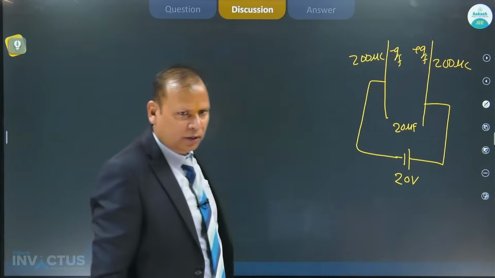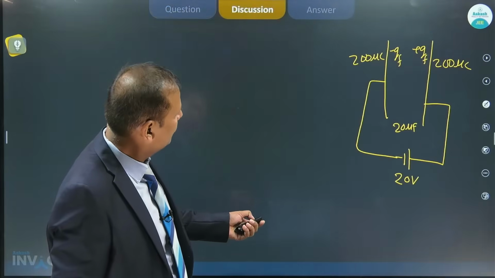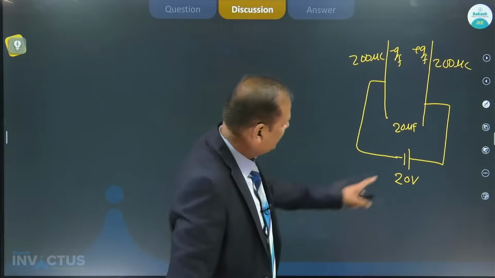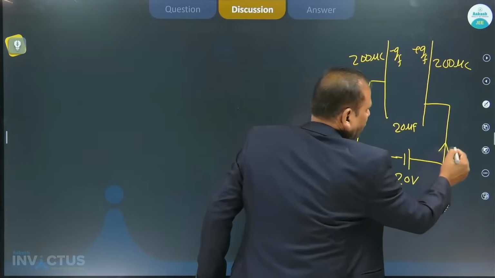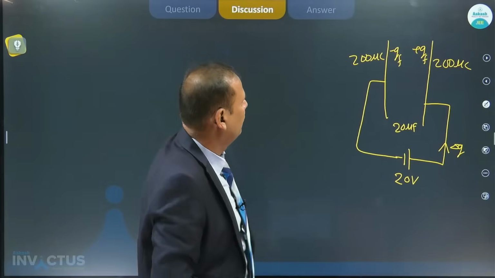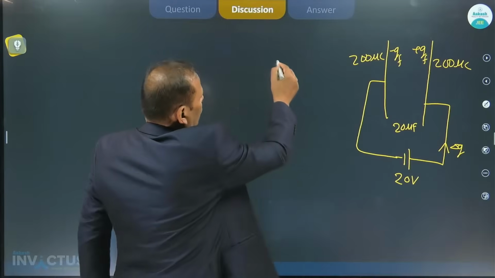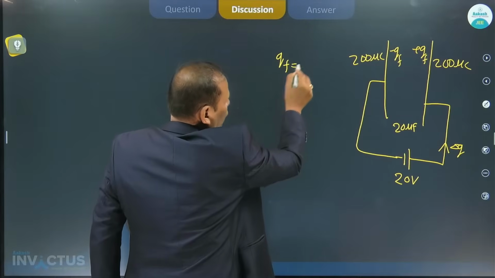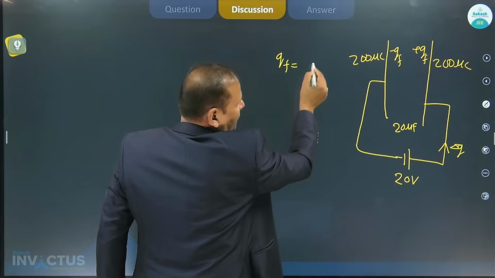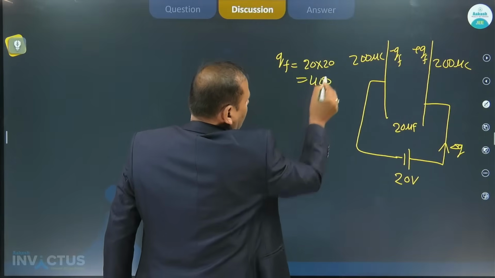Due to, let me confirm, okay, 20 volt. So, due to this cell, suppose delta Q charge will flow and the final charge will be Q final here and minus Q final here. So, Q final is equal to CV, that is 20 into 20, that is 400.